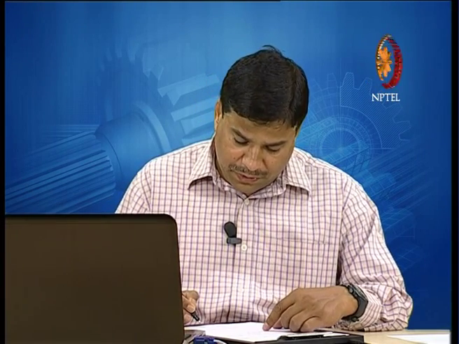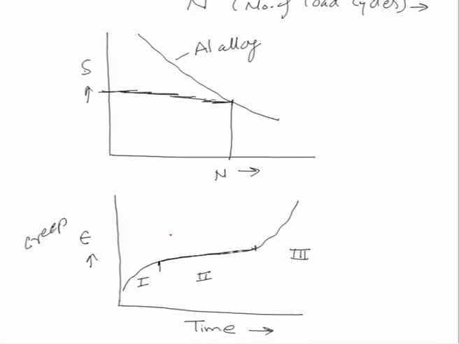The creep life is decided on the basis of the time required for reaching a particular level of strain. So, if the allowable strain, meaning the allowable change in dimension, is this much, this is the allowable limit of the creep strain, then the creep life will be given by this time value.